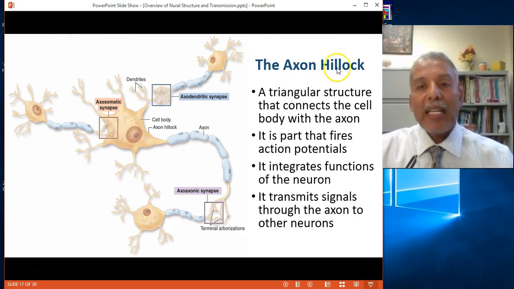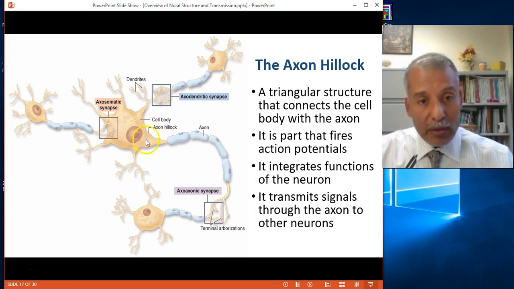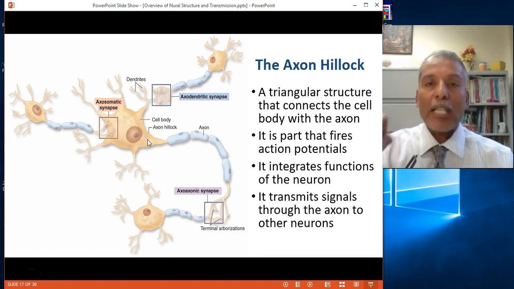So the axon hillock is a critical piece of the neuron. Really, really critical. So look at this triangle here. That triangle that connects the cell body with the axon is the axon hillock. This is where the actual firing of the neuron takes place.